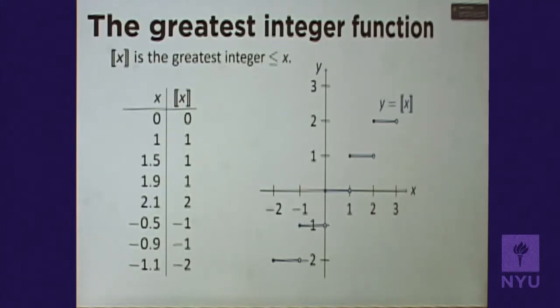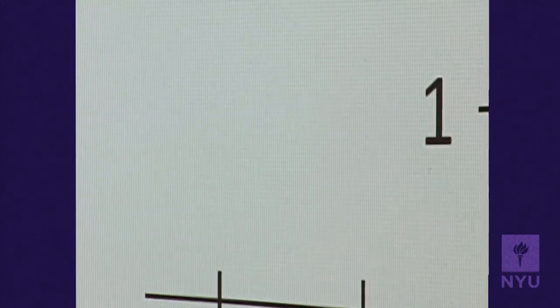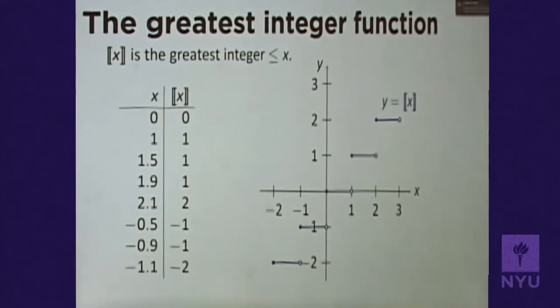Now, it's not on the table, but think about what the greatest integer less than or equal to 1.99 would be. We would round that down, and we would get 1 again. How about 1.999? That would also round down to 1. And so what you would notice, just by looking at that table, you can also see it on the graph, that as x goes to 2 from the left-hand side, the limit of the greatest integer function will still be 1.